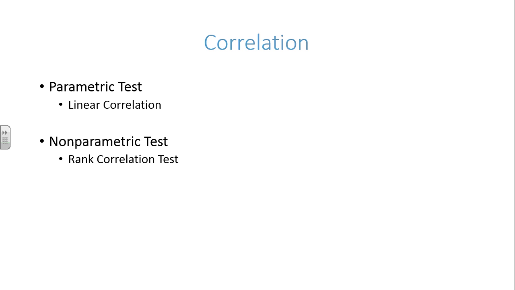The nonparametric version is known as the rank correlation test. We're really not going to cover it in this course, but you can read about it in your textbook. You can also read about it in the lecture notes and in the Minitab lab book, but we're not going to include that in this course.